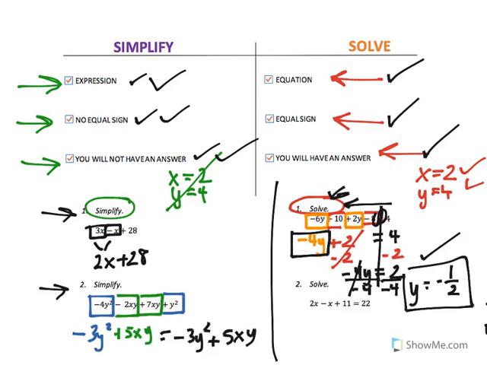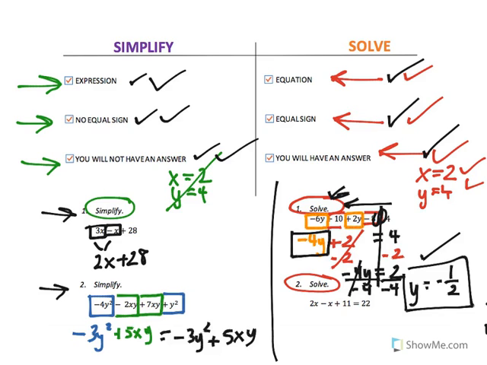The word here says to solve. Therefore, I have an equation with an equal sign, and my answer will be in the form of x equals 2, y equals 4, something like that. So first, let me combine like terms.